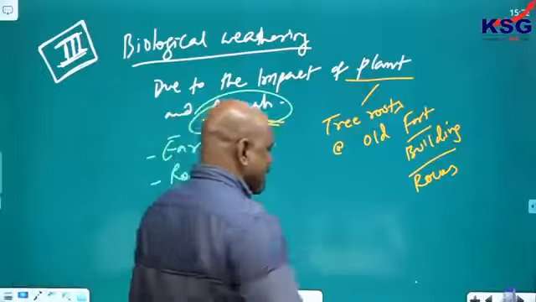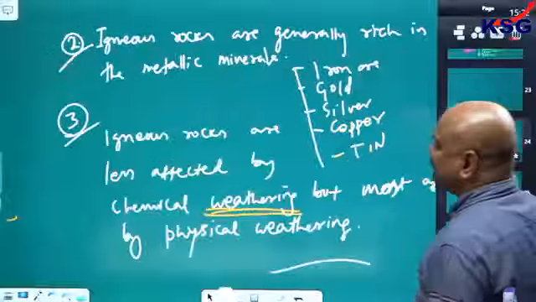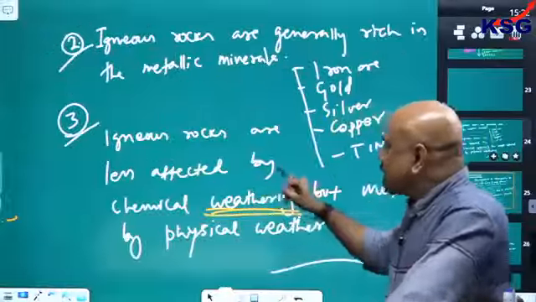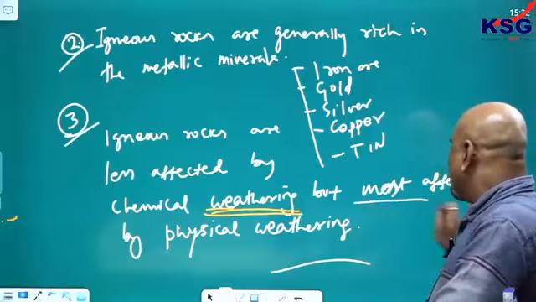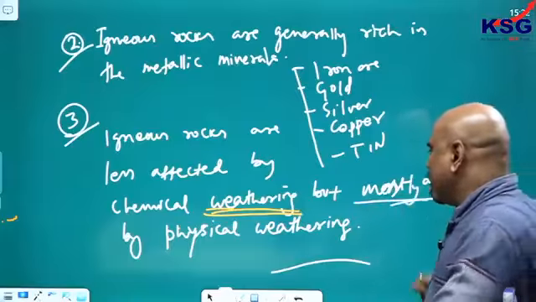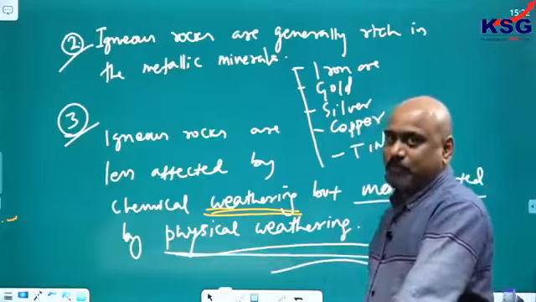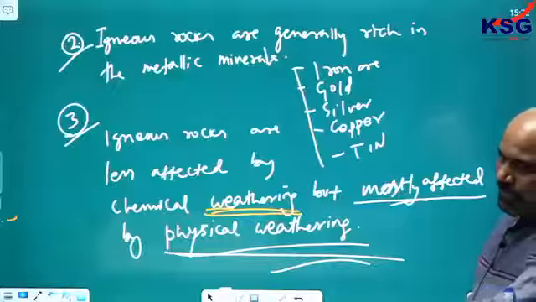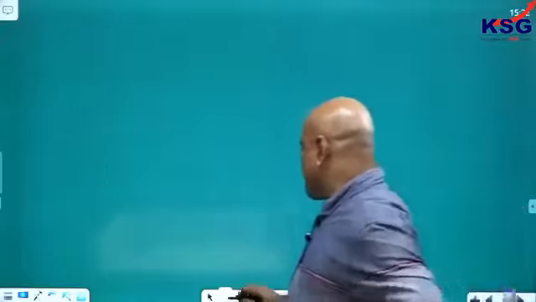So as I just mentioned, let me again go back to the properties of igneous rocks. Igneous rocks are less affected by chemical weathering, but mostly affected by physical weathering. They are metallic mineral. Igneous rocks have no distinctive layer.